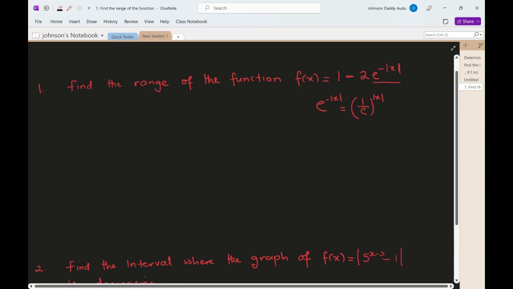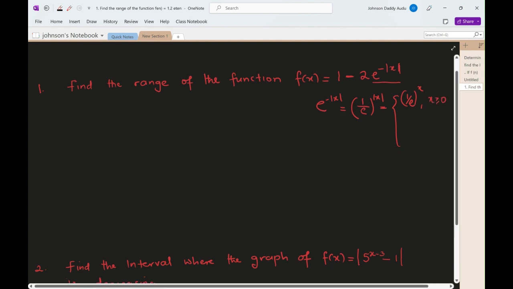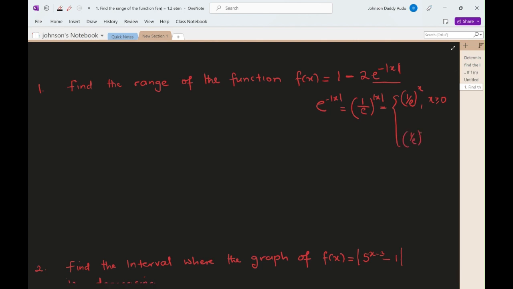Now we can split this into two parts. The first part is 1 over e to the power x when x is greater than or equal to 0, because we have the absolute value. The second one is 1 over e to the power minus x if x is less than 0.